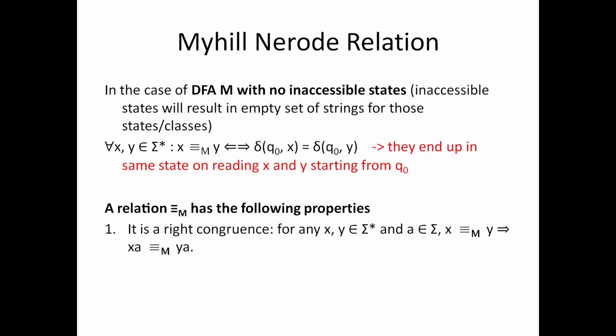So now coming back to the Myhill Nerode relation, two strings x and y, elements of sigma star, are related by an equivalence relation on the DFA M if from q0 on reading x we reach the very same state as we reach by reading y starting from q0.